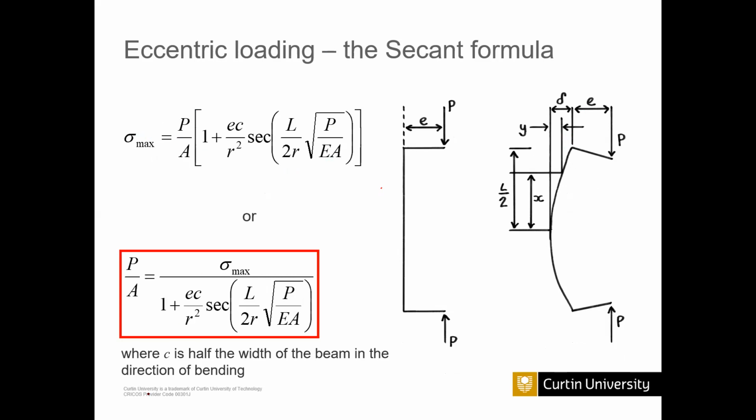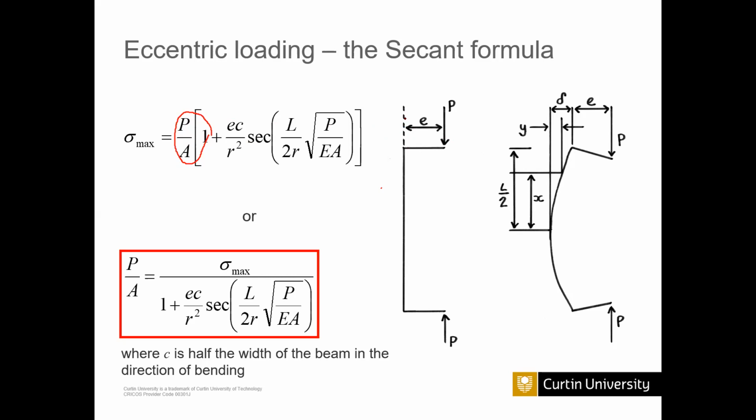How can I explain? This P upon A belongs to this part also. If we apply the P load in here, the sigma maximum value is equal to P, the maximum P divided by A, the cross-sectional area, isn't it?